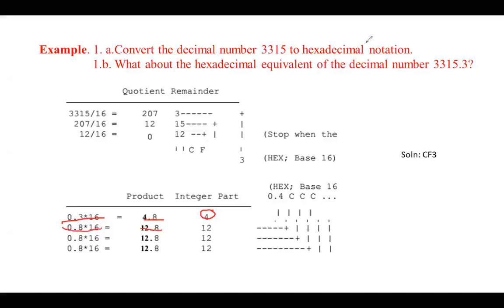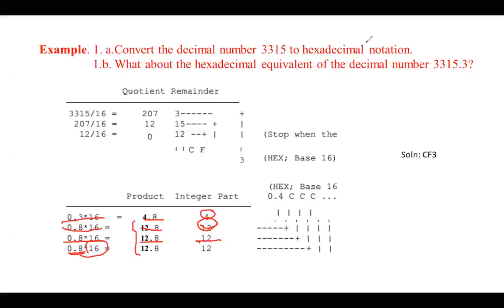Keep 12, and 0.8 will be used again. 0.8 times 16, again I'll get 12.8. I keep 12 over here, and bring 0.8 again, 0.8 times 16. Now you can see this last digit is recurring. It goes on, it is a recurring decimal.